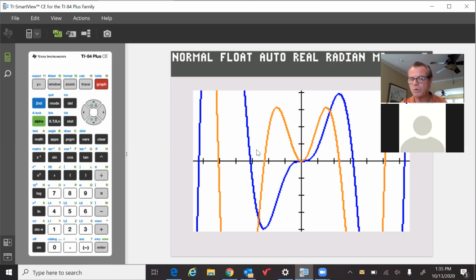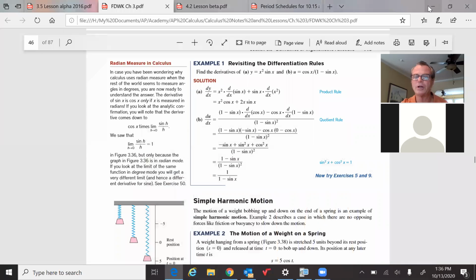And does this make sense to you? Look what's happening here. The blue graph, starting at just to the left of -2, is going up just to the right of +2. In that window, the orange graph is above the x-axis because the blue graph is increasing. All right, that's logical. So I go back here.